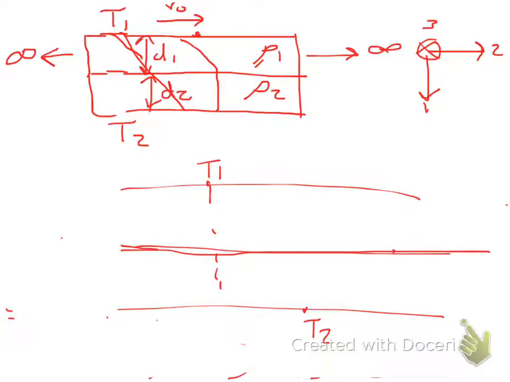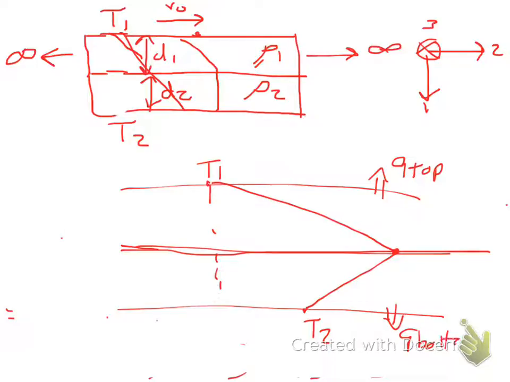So there's two, and I can't do this problem in my head. One option is, and this might be the right one, it's going to look like this, where a certain amount of flux is going out the top, a certain amount of flux is going out the bottom. I'm actually pretty sure this should be the solution.